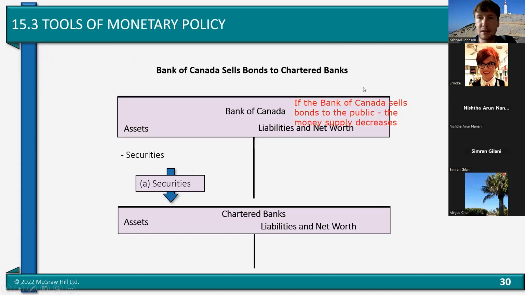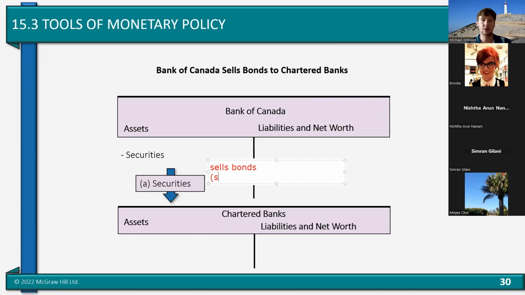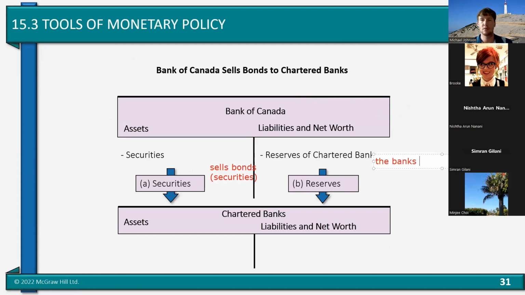So what happens is when the Bank of Canada sells bonds, securities, the banks need to spend their reserves on these bonds, securities.